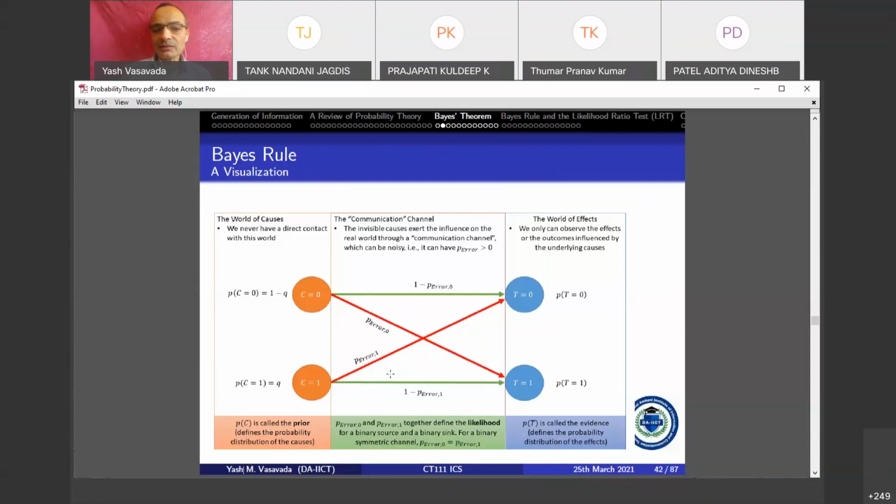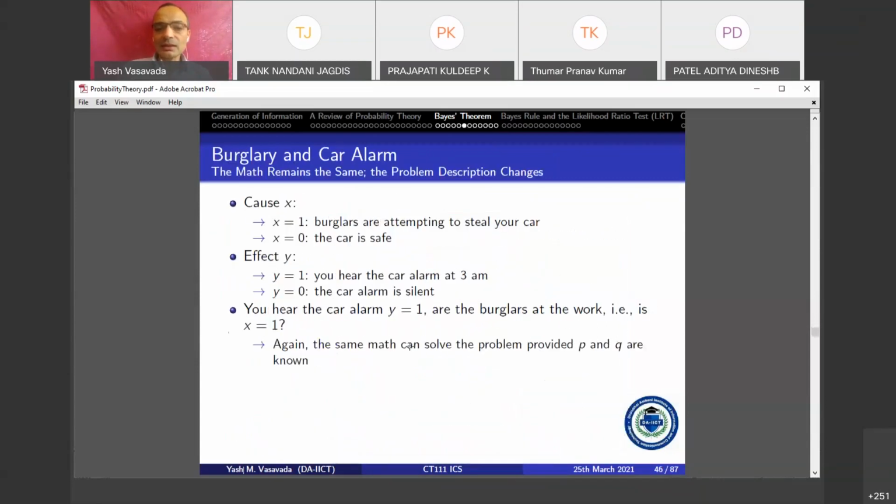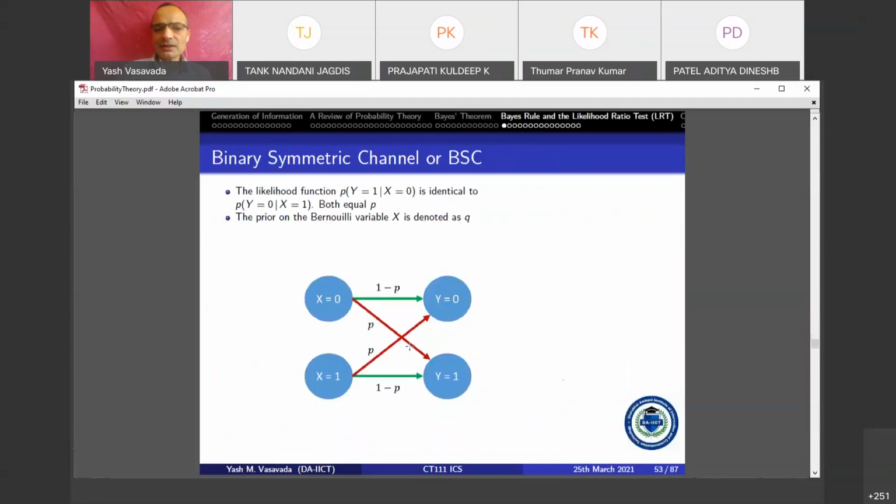And similarly, the summation of likelihood for c equal to 1 also has to be 1. But the individual values may be different. I can make this equal to 0.7 and 0.3, whereas here I can make this equal to 0.1 and 0.9. So this is the general case. Now for the communication system analysis, we will take a simplified version of this general case where there is a symmetry.